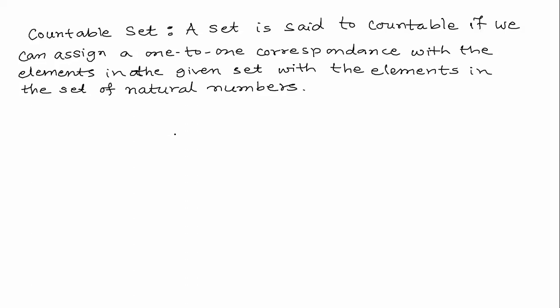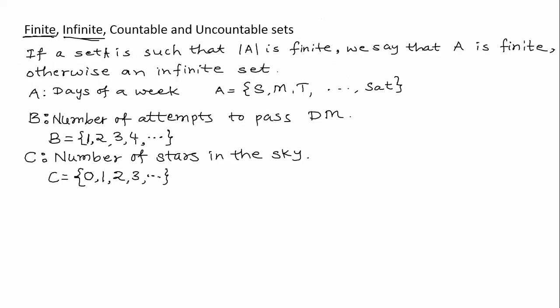Now, if this is possible, then we say that a given set is a countable set. If this is not possible, then the set is an uncountable set, obviously. Now, if we see set C here, the first element is 0.